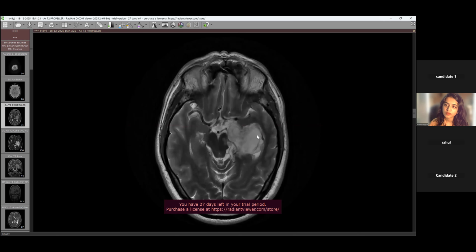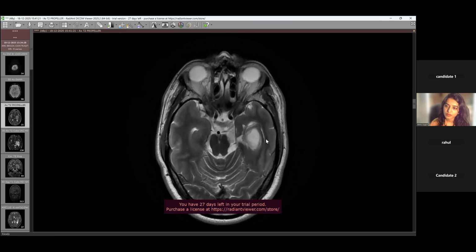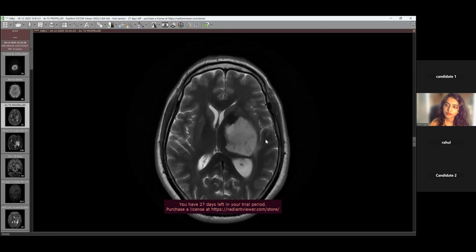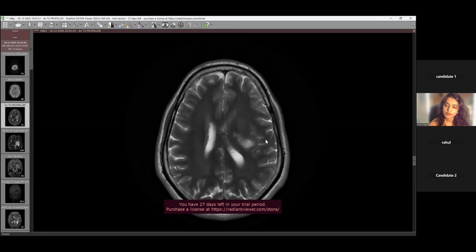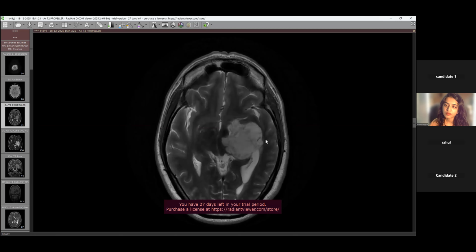It is extending to the sulcal spaces and the basal cistern spaces, and that is where it is causing compression of the brainstem. So it is either an intra-axial lesion with extra-axial extension, or it is an extra-axial lesion which is extending into the brain parenchyma.